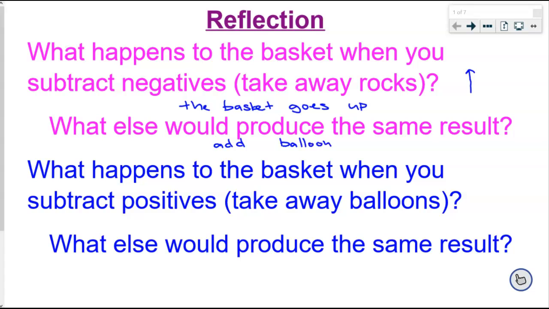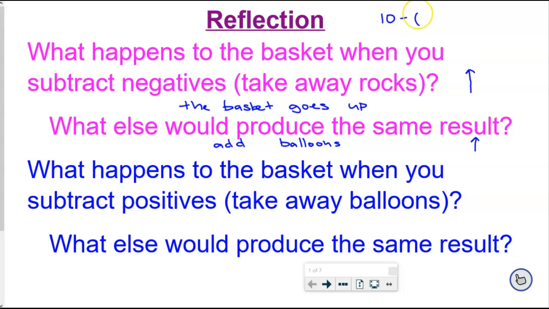Adding balloons is also going to make the basket go up. That is more important than you realize. Eyes on the screen. This means if I have a problem like 10 minus negative 3, where I'm taking away rocks, since it's going to have the exact same result as adding balloons, I can change the problem.